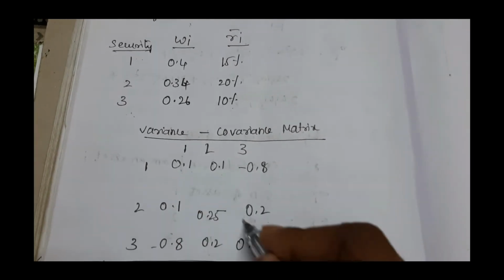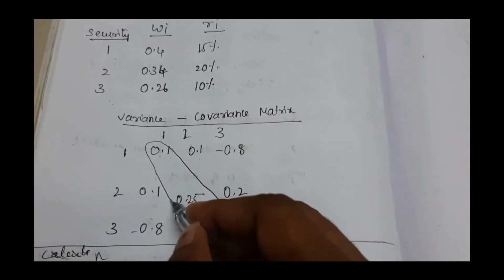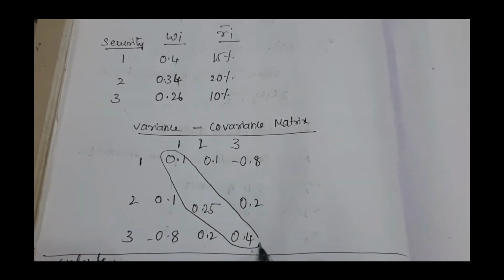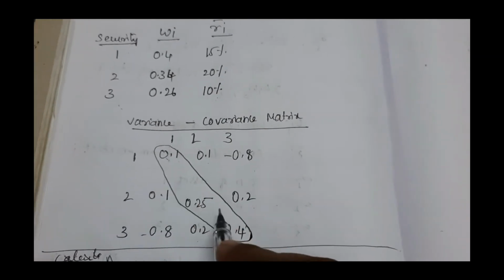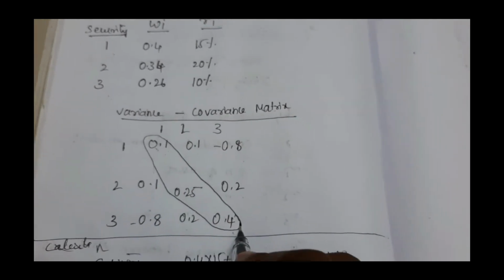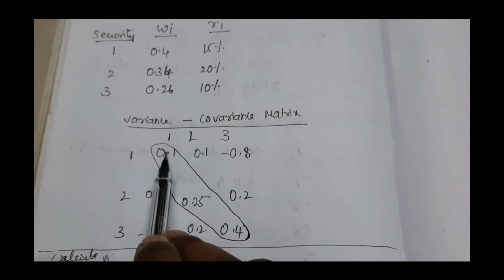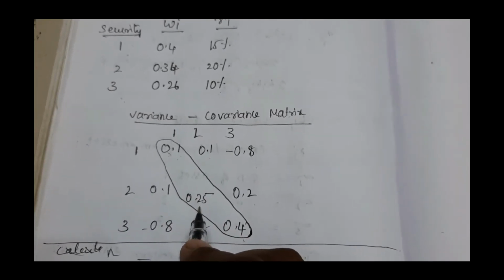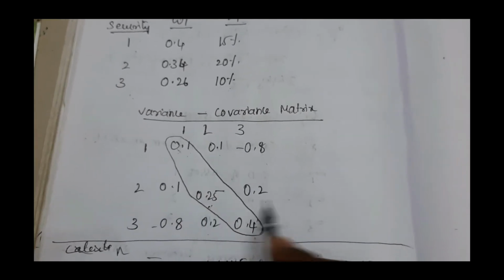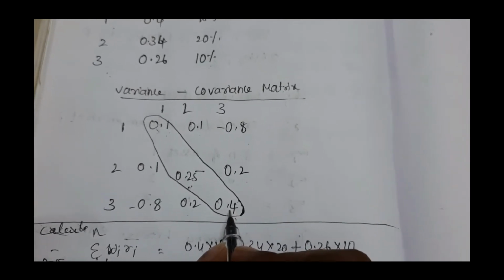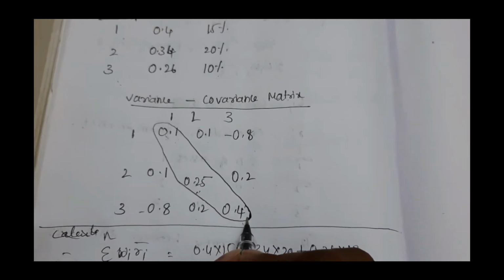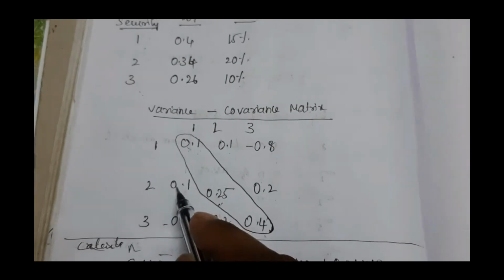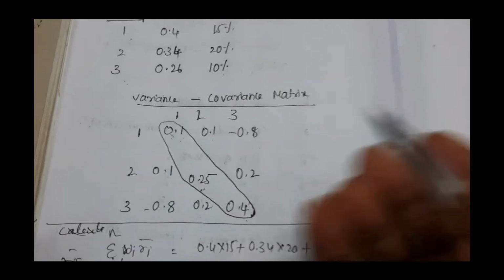All these diagonal values represent the individual risk, or the standard deviation, of the individual securities. So the first security standard deviation is 0.1, the second security standard deviation is 0.25, and the third security standard deviation is 0.4, and the remaining are all covariances between two securities.